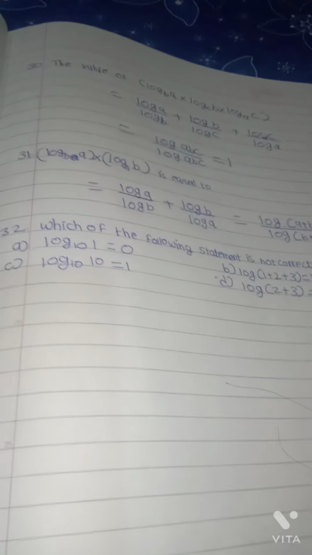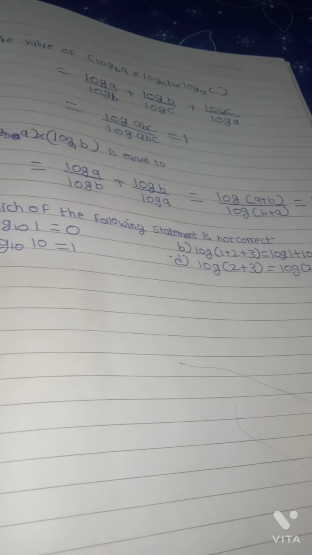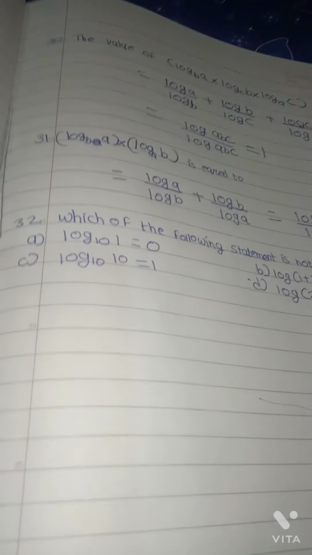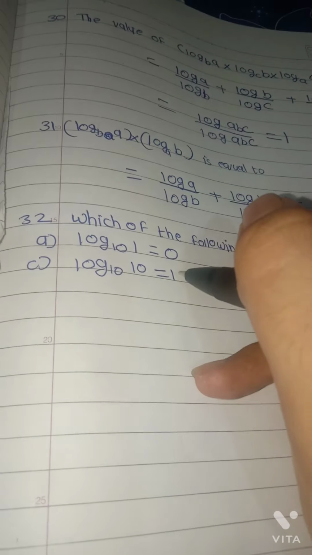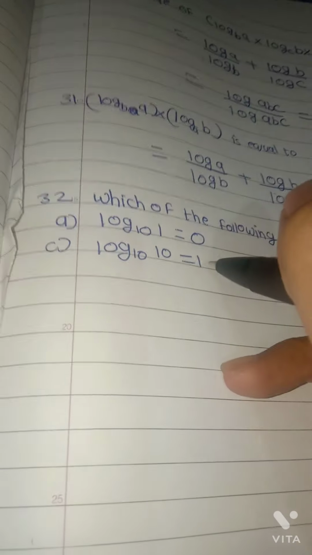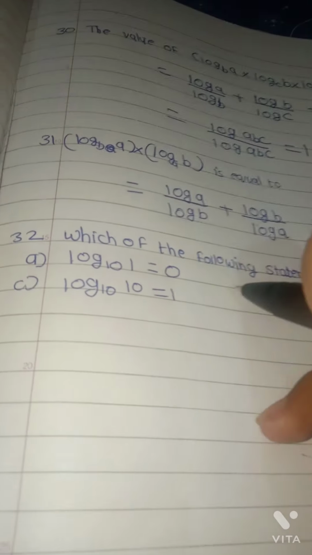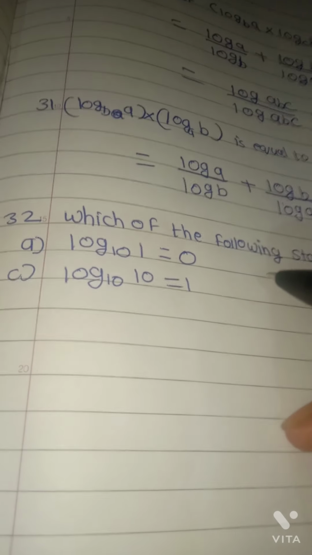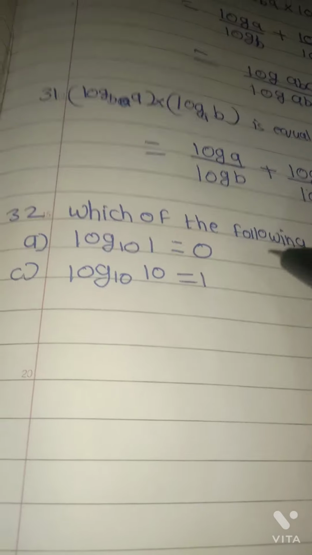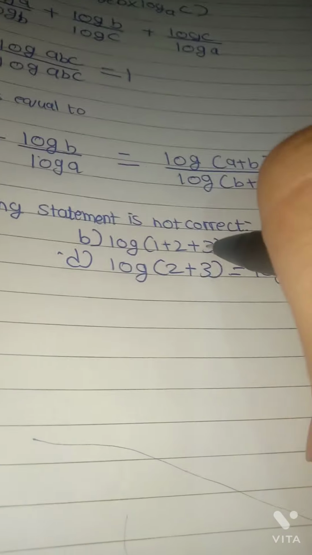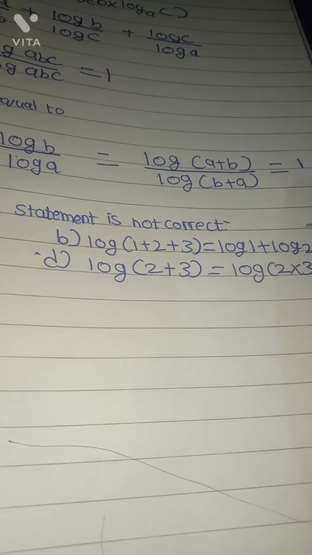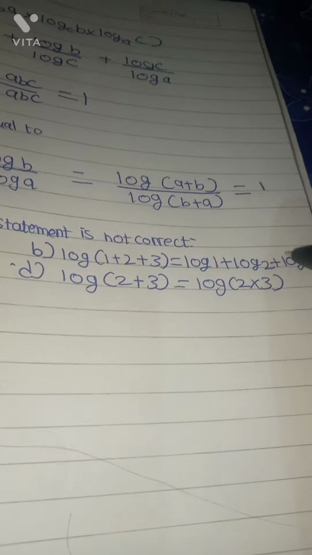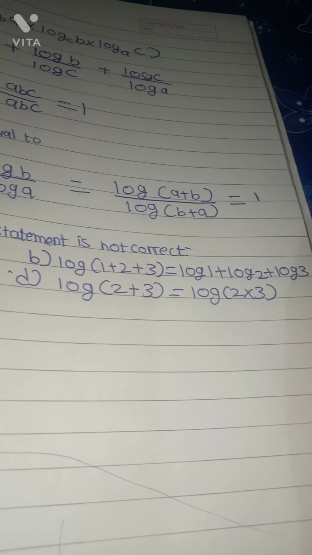In 32 we have to find the statement which is incorrect. So first, A is true because there is a property that log base e of 1 is equal to 0. And B, log(1 plus 2 plus 3) is equal to log 1 plus log 2 plus log 3.